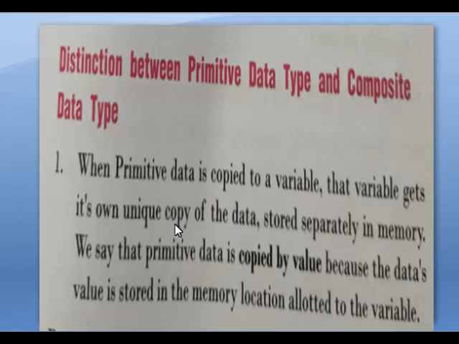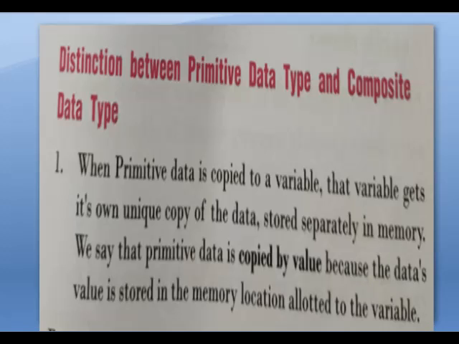So when a primitive data type is copied to a variable, the variable gets its own unique copy of the data, okay, and stored separately in the memory. We say that primitive data type is copied by value because the data's value is stored in the memory location allotted to the variable.